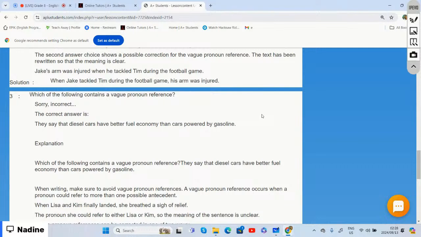Who are they that we are talking about? All right. So they say that diesel cars have better fuel economy than those powered by gasoline. Now you ask yourself, who is the they that they are talking about?